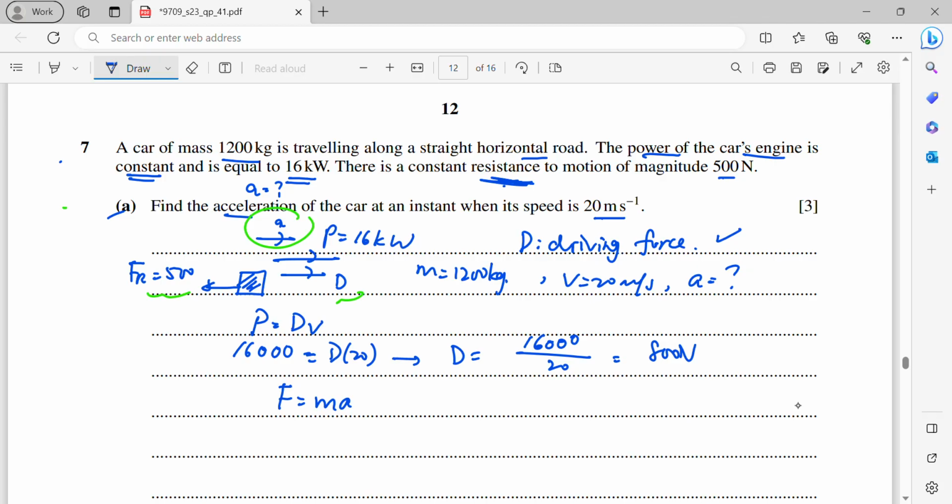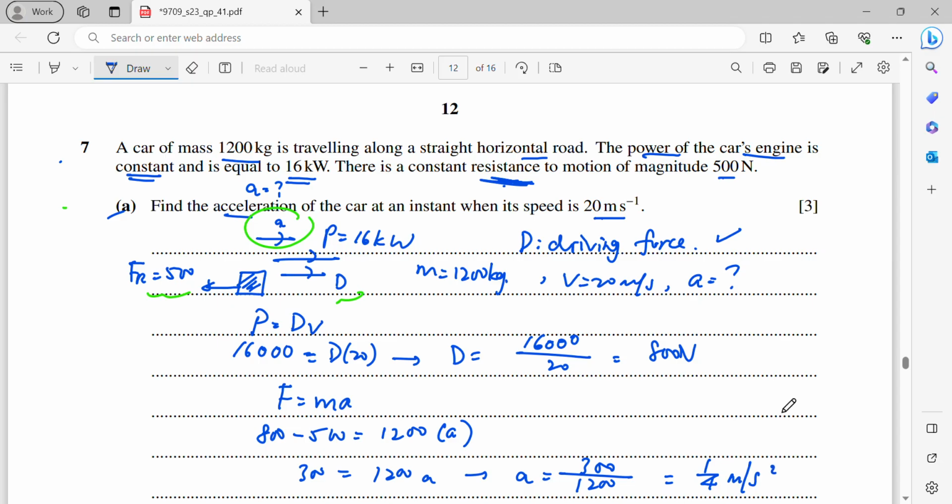So I will write here 800 minus 500, the D minus the Fr equals to ma. The m is 1200. Then the A is unknown. So from here I will get 300 equals to 1200 A. Therefore, my A is going to be 300 divided by 1200. At last, you'll be getting 1/4 meter per second squared. So that is our acceleration when the speed is 20 meter per second.